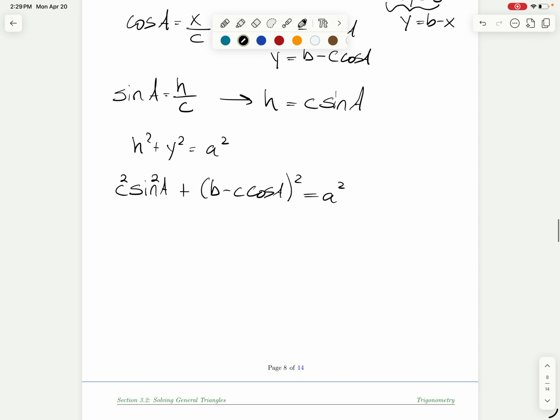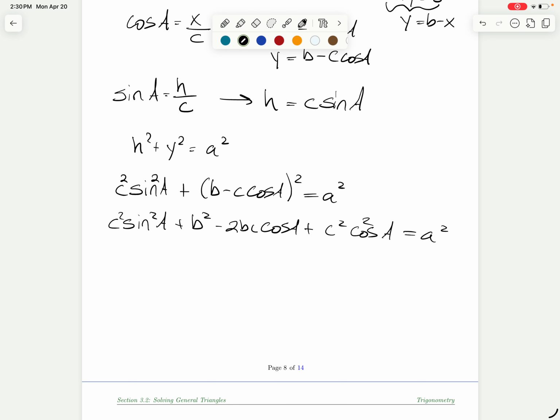And I can maybe feel some of you not enjoying this part very much, but that's okay. We're just going to expand it all out, so we're going to get c squared sine squared A plus, what do we get here? b squared minus 2bc cosine of A plus c squared cosine squared A, and all that is a squared.